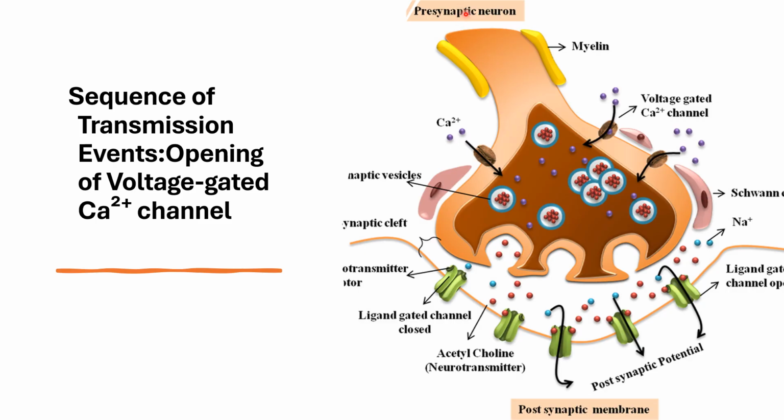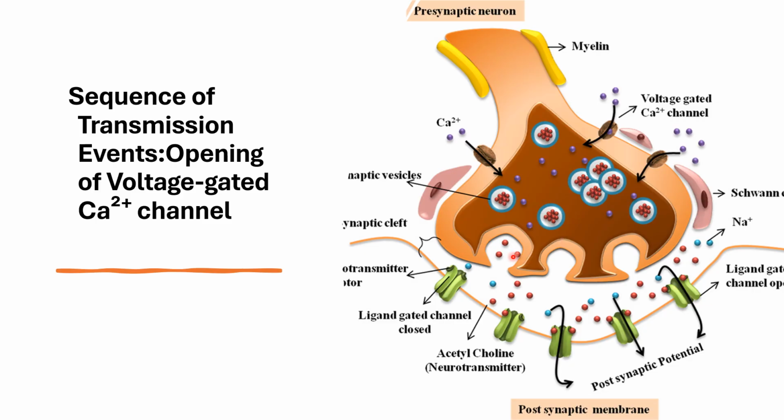The arrival of the action potential causes depolarization, which activates the P/Q type voltage-gated calcium channels. The extracellular calcium concentration, about 1.2 millimole per liter, greatly exceeds the cytosolic level, so the moment these channels open, there's an inrush of calcium ions driven by both electrical and concentration gradients.